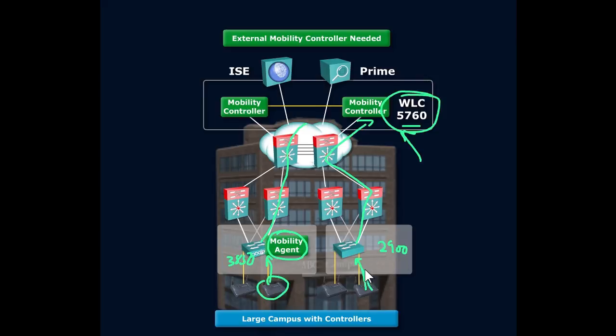In this context, the mobility controller is functioning as both the mobility controller and the mobility agent, but on this left-hand side, we see the mobility agent needs are already taken care of. Therefore, the centralized device is just providing the functionality of the controller. So you can have a hybrid and support both maybe your existing infrastructure, if that's already in place, and additional infrastructure purchased with new hardware designed with this in mind.